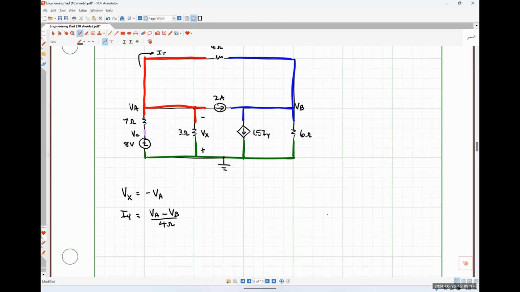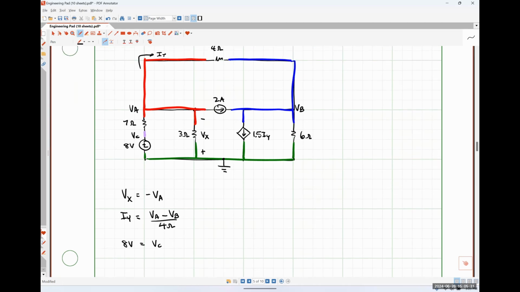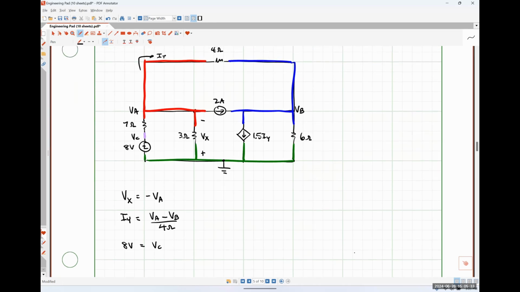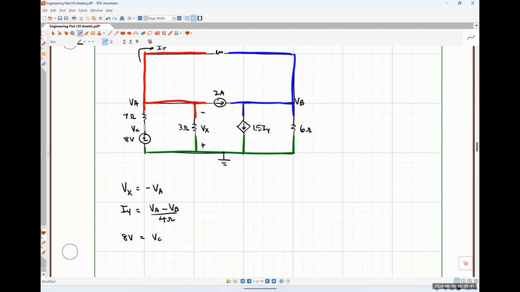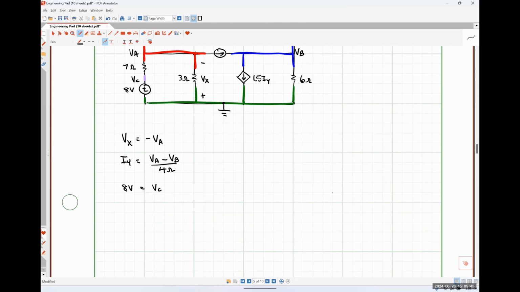I have 1 voltage source, so I'm going to have a voltage relationship equation that says 8 volts is equal to VC. Now I need to write a KCL equation at node A and at node B. So KCL at A is going to look like VA minus VB over 4 ohms.